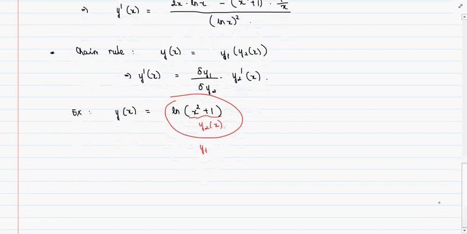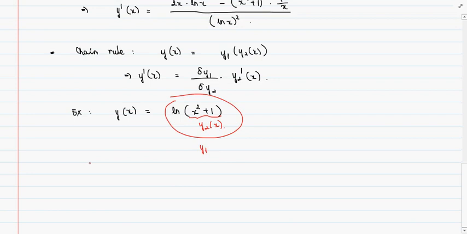So what do I do now? I have to find the differential of y1 with respect to y2. I have y1 equal to the function log of y2, because I'm treating the whole thing inside the bracket as a function, y2.